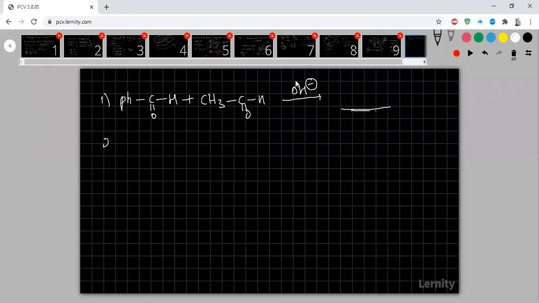So this is the first one, and the second one is H C double bond O CH2 CH2 CH2 CH2 CH2 C double bond O H, carbons 1 2 3 4 5 6 7. This has the OH minus. So what is the product? Please write it here.